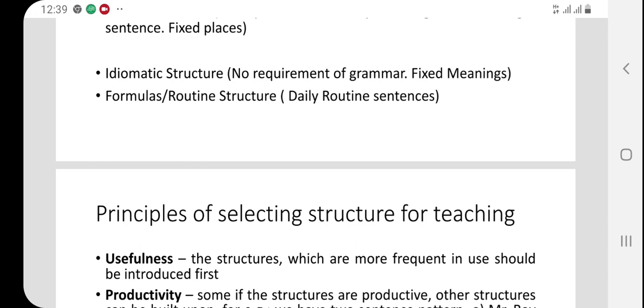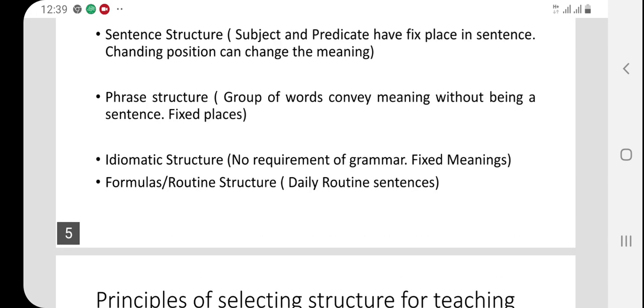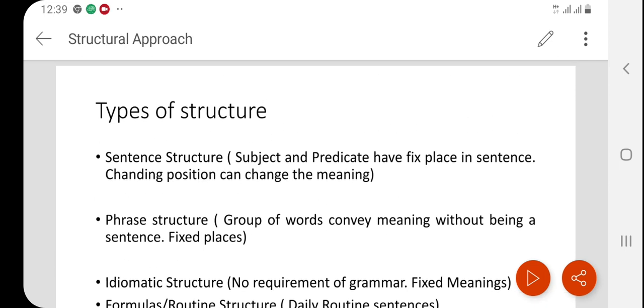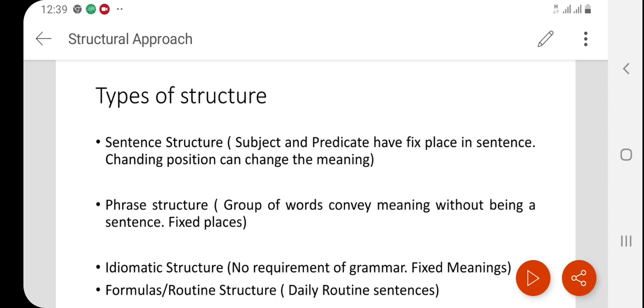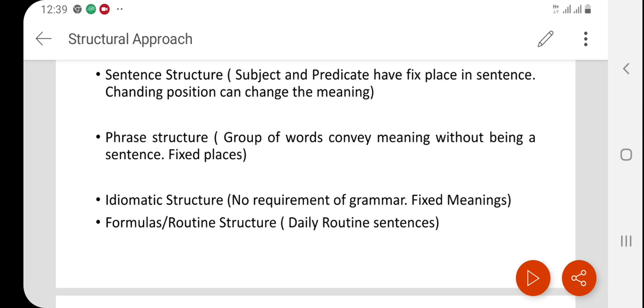When they are taught, that is again called routine structures in the structural approach. So there are four types of structures that a teacher can teach in class while teaching the structural approach: sentence structure, phrase structure, idiomatic structure, and then routine structure.